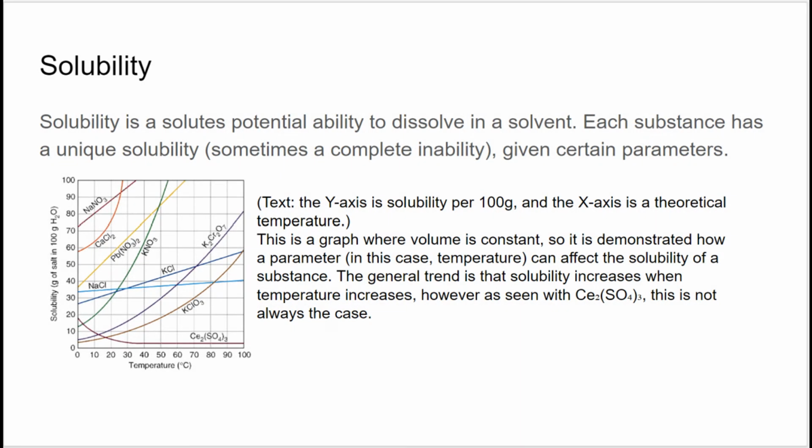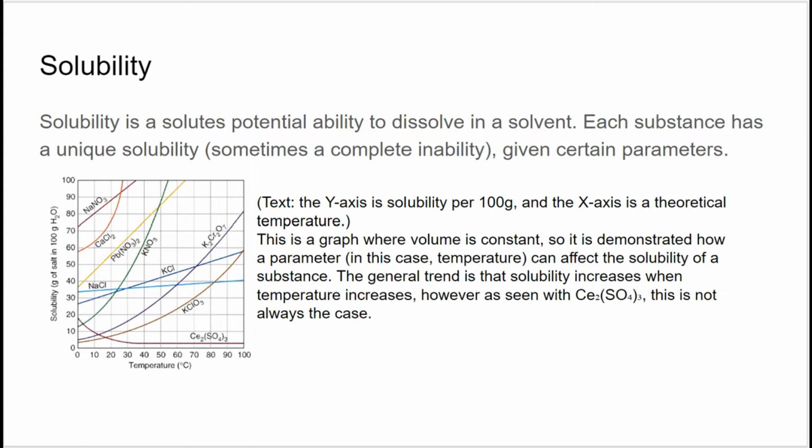First off, we have solubility. Solubility is a solute's potential ability to dissolve in a solvent, and each substance has a unique solubility given certain parameters. We have this solubility graph where the y-axis is solubility per 100 grams and the x-axis is theoretical temperature.